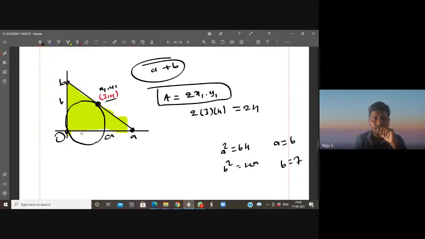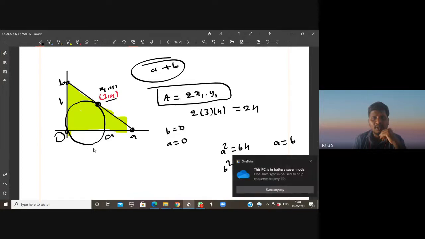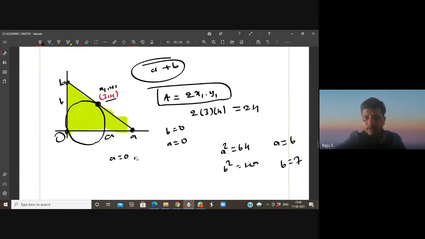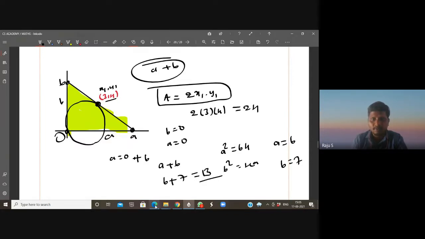For example, if any one of the values is 0, a value you can take as 0 and b value you can take as 0. Just a minute students. Right. So the same here also, the least intercept is given by a plus b. What is the a value here? A value is 8. What is the b value? 7. 8 plus 7 is equal to 15. 15 is the correct answer.